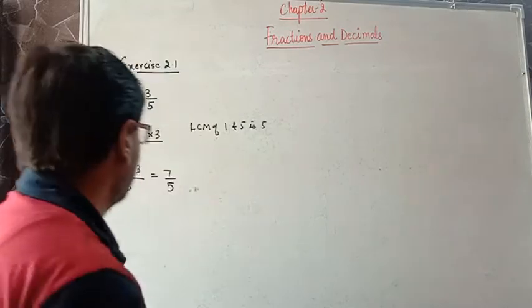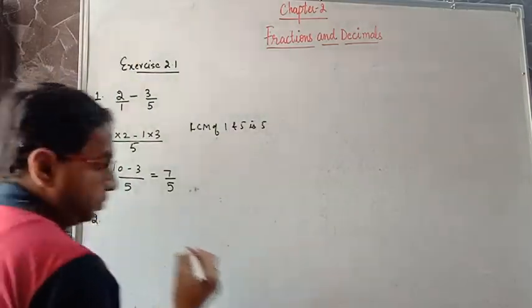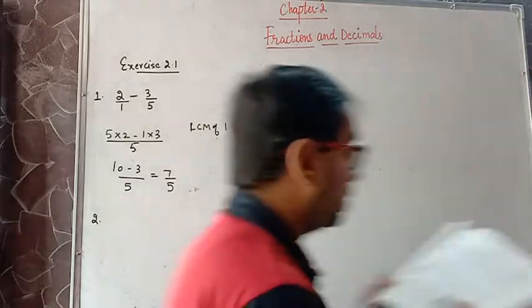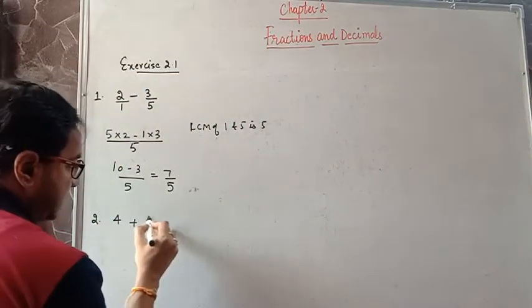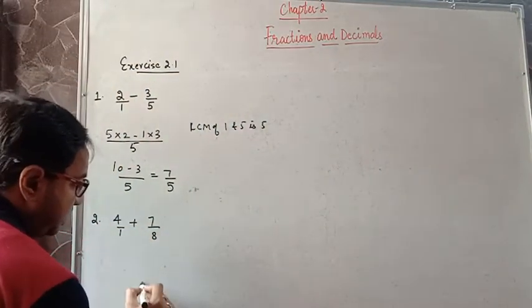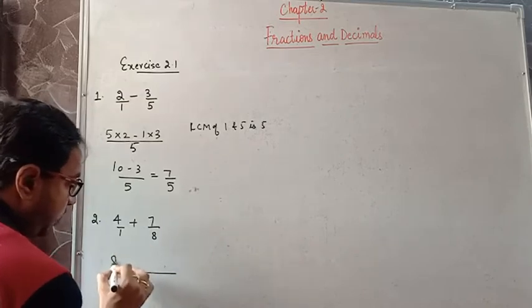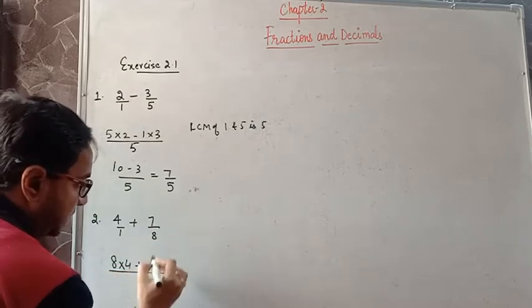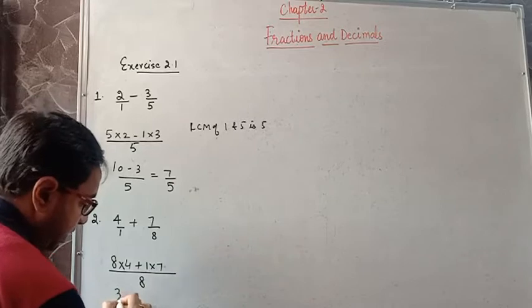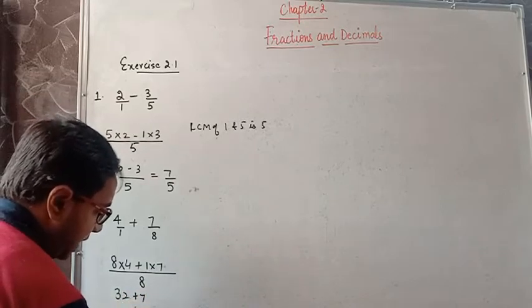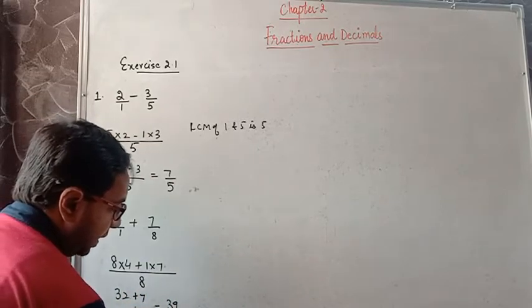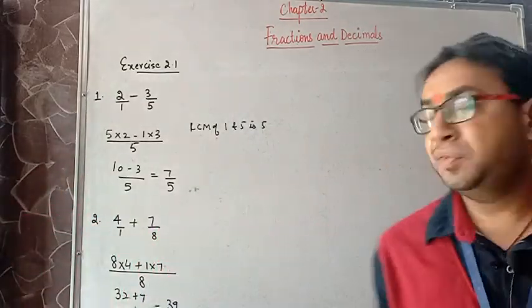Okay, question number 2. Can we do it? 4 plus 7 by 8, again LCM is 8. 8 divided by 1, 4 plus 1 into 7, it's 32 plus 7 upon 8, that is 39 upon 8. Any doubt anyone is having with this?